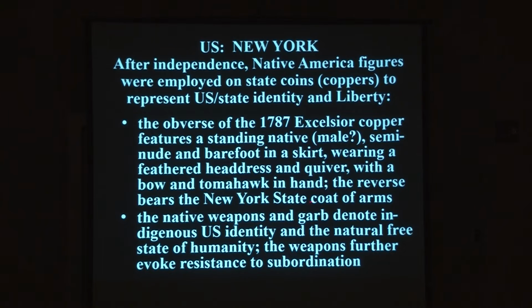The reverse bears the New York State coat of arms, so clearly referring to the state and its independence. Okay, the native weapons and garb denote indigenous US identity and the natural free state of humanity. The weapons further evoke resistance to subordination.